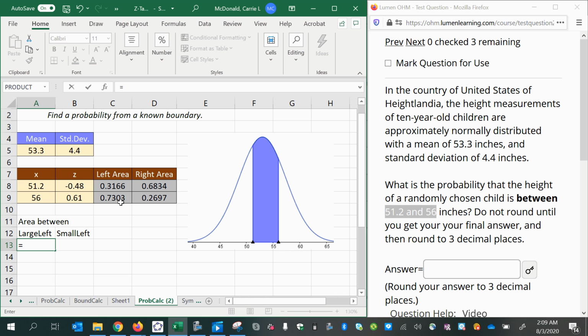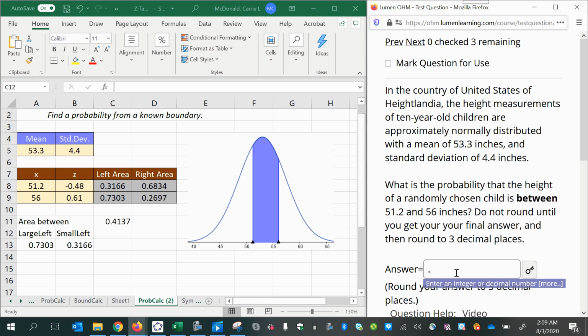So that would be this one. Minus the smaller left area, so I'll look at the smaller left area here, would be from 51.2 all the way back. So that would be this one. And the area between is going to be the larger minus the smaller. So the answer to 3 decimal places would be 0.414.